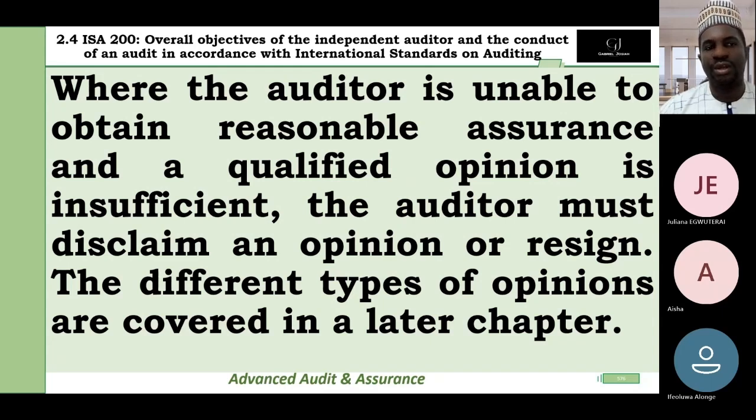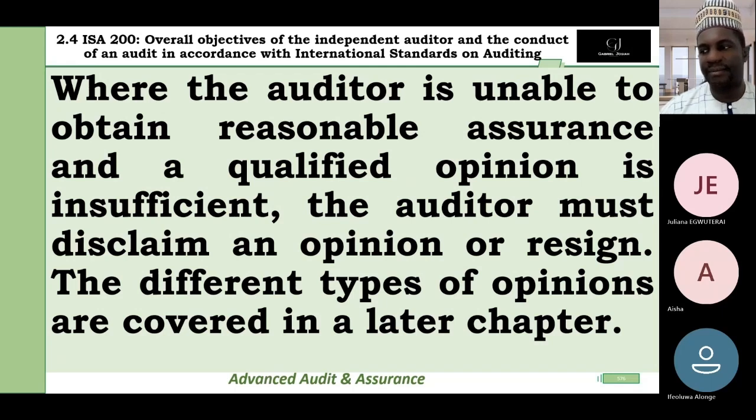Critically, where the auditor is unable to provide assurance due to issues that arose during the audit, and is not able to provide a qualified or an unqualified opinion, a qualified opinion is an unclean report, while an unqualified opinion is a clean report. Where he is unable to arrive at either of these two, he should disclaim an opinion and state why he is not able to provide either of the first two opinions, or he should resign.